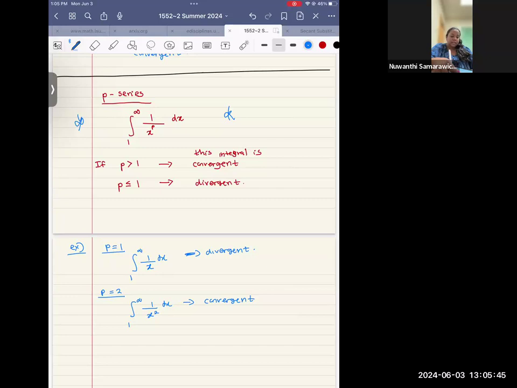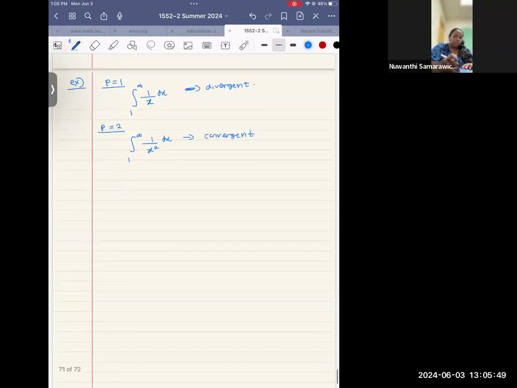Let's do an example from this. Let's find the integral of 1 over (3x plus 1) to the power 2 dx, and check whether it is convergent or divergent.